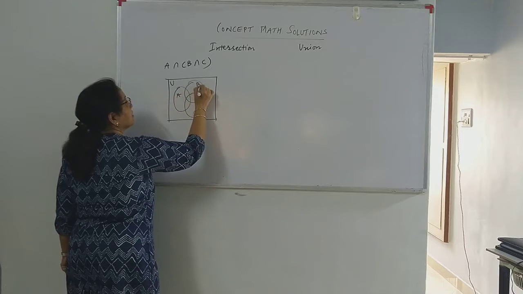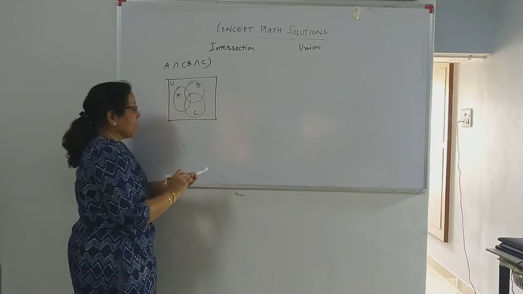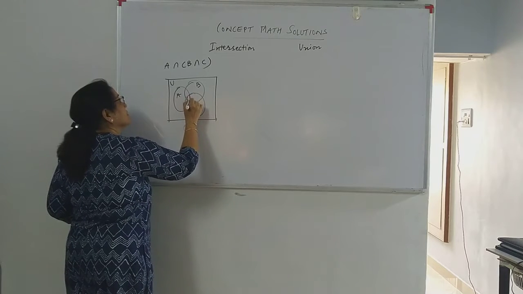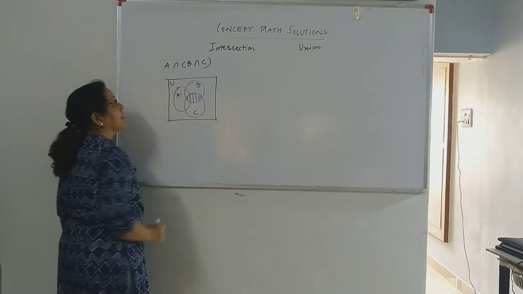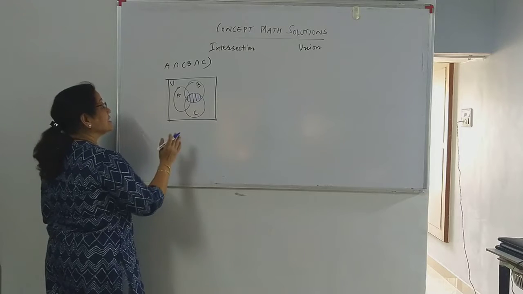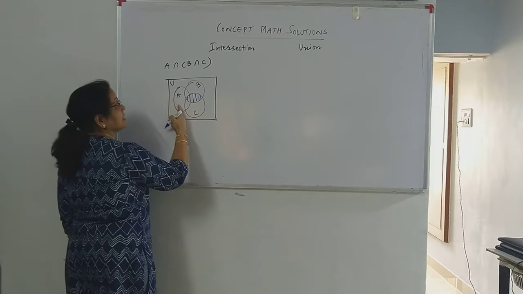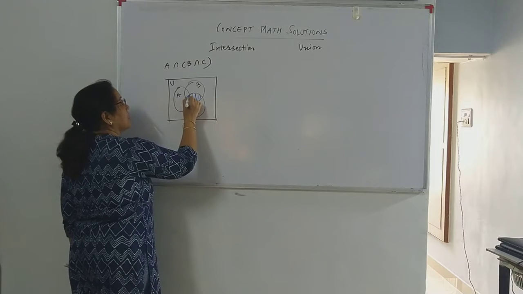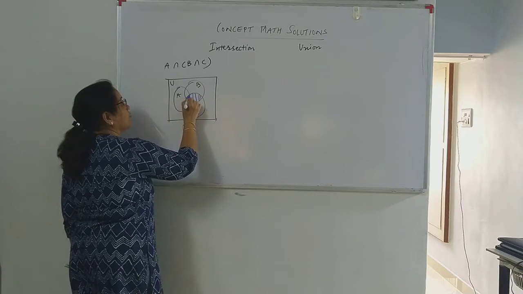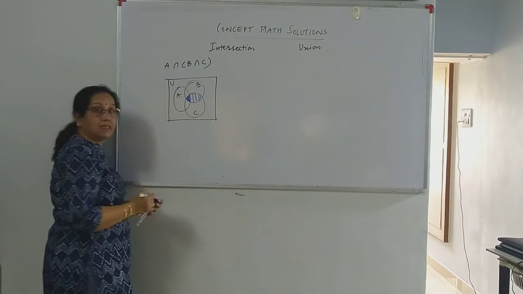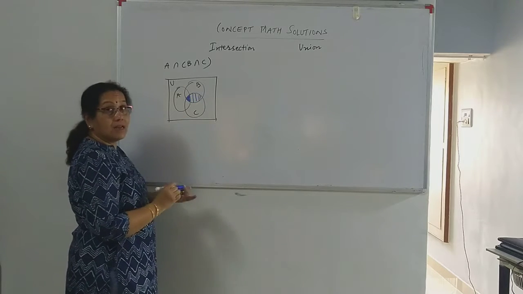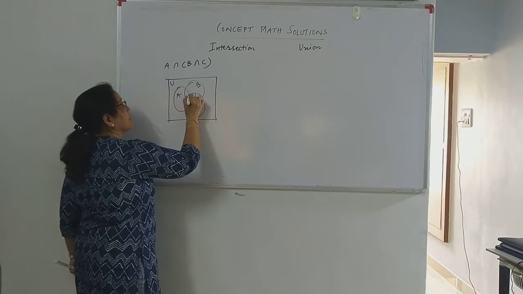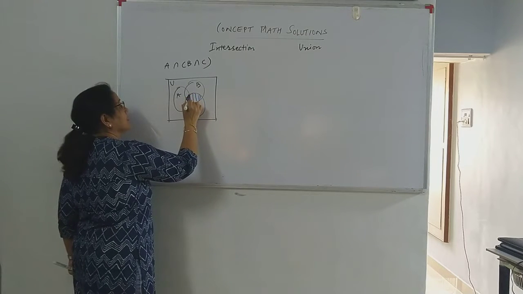This is A, this is B, this is C. I will be shading B intersection C, which is this, right? And then its intersection with A. So it would be this portion. The darkened portion is the final output. That's the final result. A intersection B intersection C is this portion. All of you see carefully. It is this.